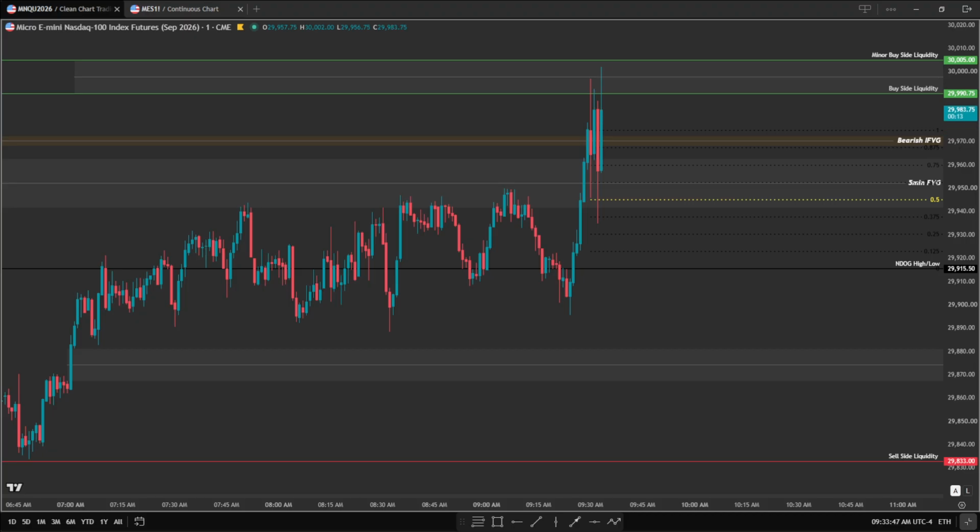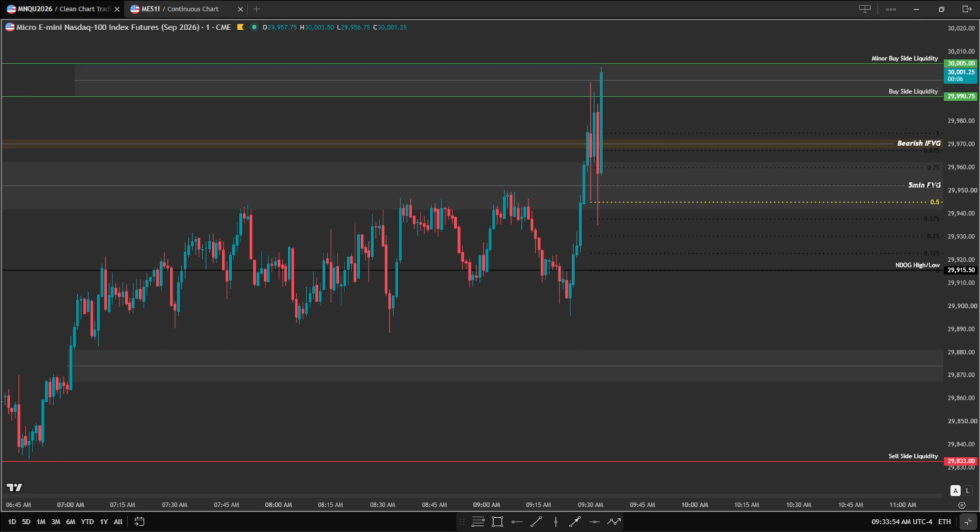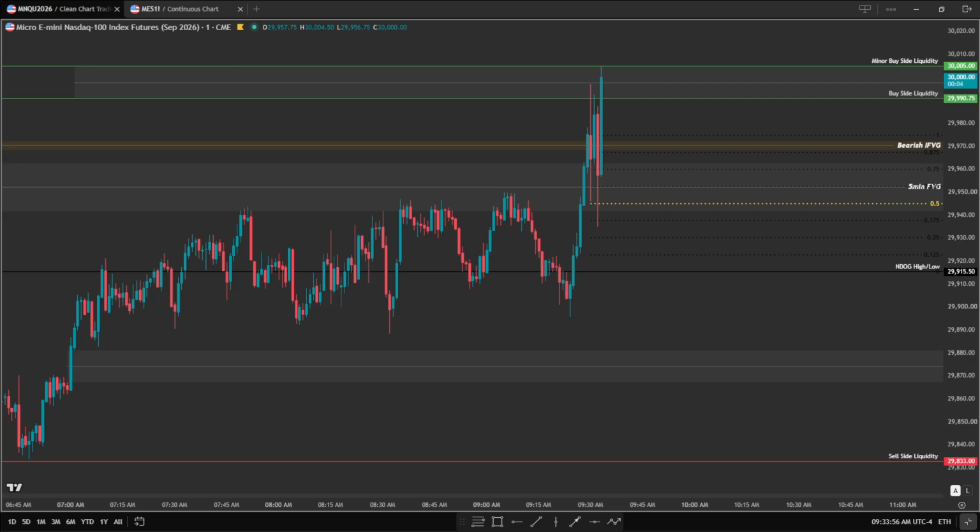I like that it's closing below the event horizon. Well, we'll see if it does. Close below it last second.